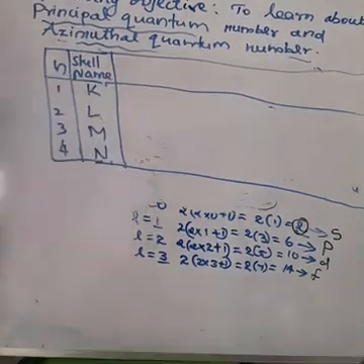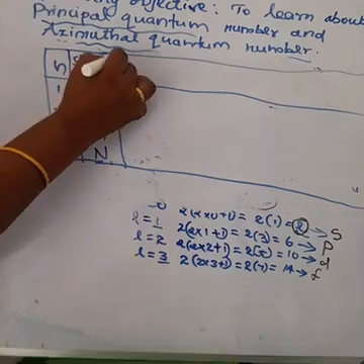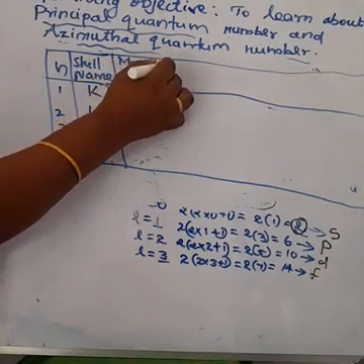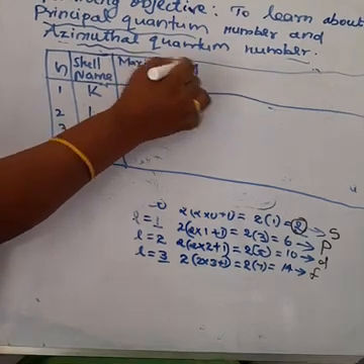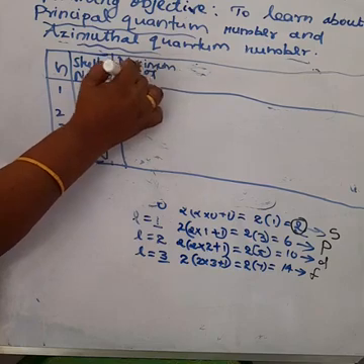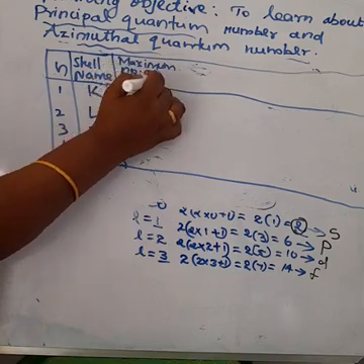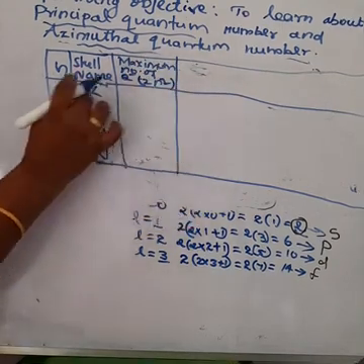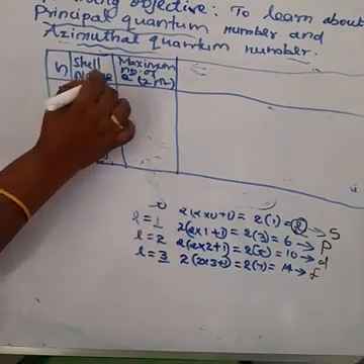Okay. The maximum number of electrons accommodated in a shell is given by the 2n square formula. According to the 2n square formula, when n is equal to 1, the K shell, we can accommodate 2 electrons.